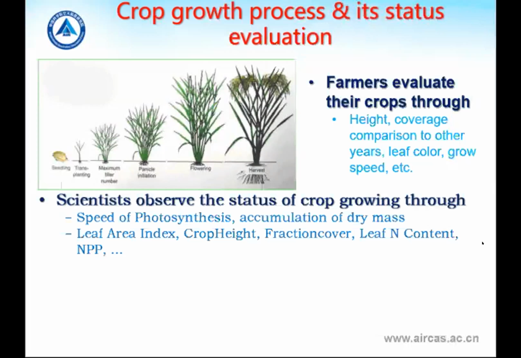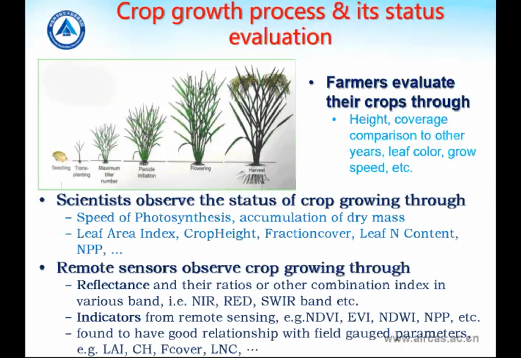Remote sensing can also provide these to observe the crop growing parameters, which can help scientists understand the crop growing status, such as the canopy reflectance and the vegetation indicators, which are found to have a good relationship with LAI, FCover, LNC and such parameters.